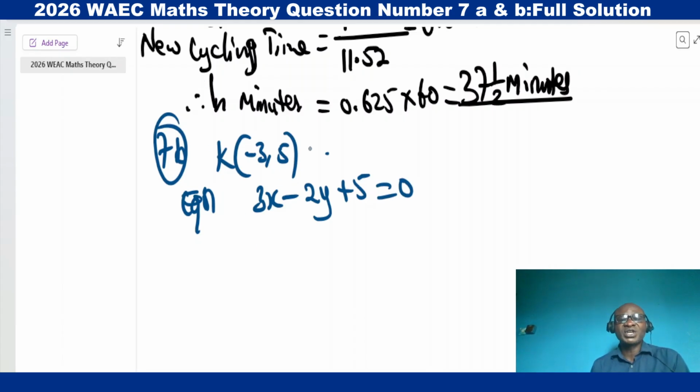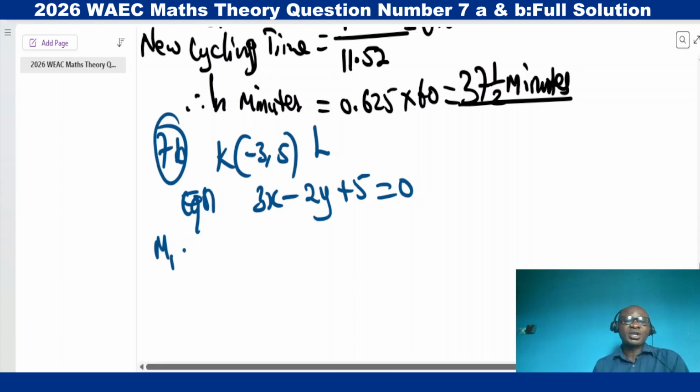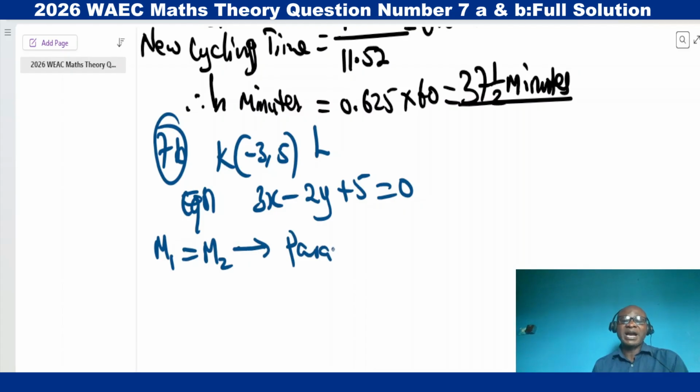Since L is passing through this point, see what we will do. Two lines are parallel when their gradients are equal. If the gradient of the first line is equal to the gradient of the second line, then they are parallel.